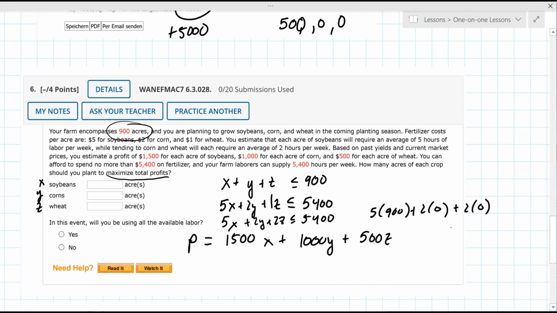Like, in this case, it equals 4,500. And see how that's less than or equal to 5,400 by 900? So the answer is no, you're not using it all. But it's that third equation, because that's the hours, the labor equation for that. So let me get these answers in. 900, 0, 0, no, and submit that.